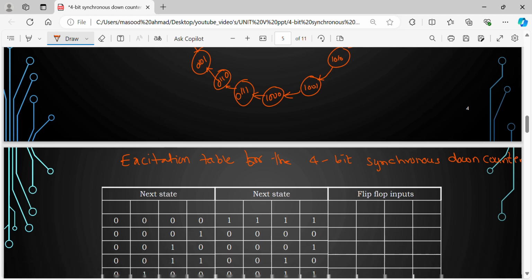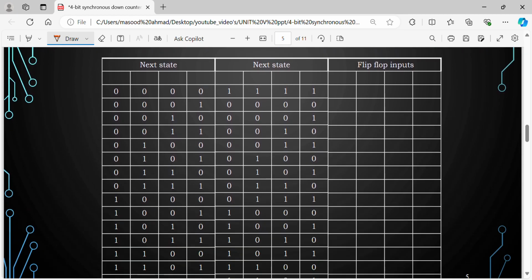What we try to do is look at the present state and next state. So here it is the present state, and we are going to the next state. This is QA, QB, QC and QD. This is QA plus 1, QB plus 1, QC plus 1, QD plus 1. Now we are going to the inputs TA, TB, TC and TD.